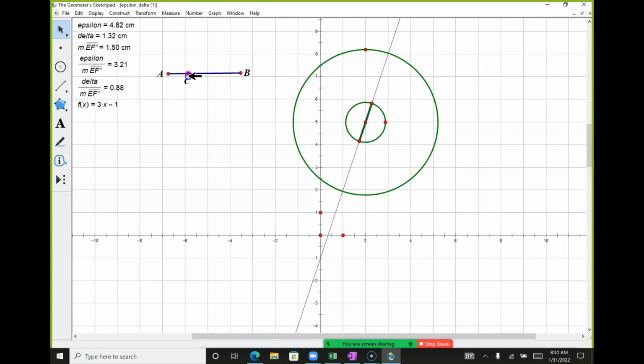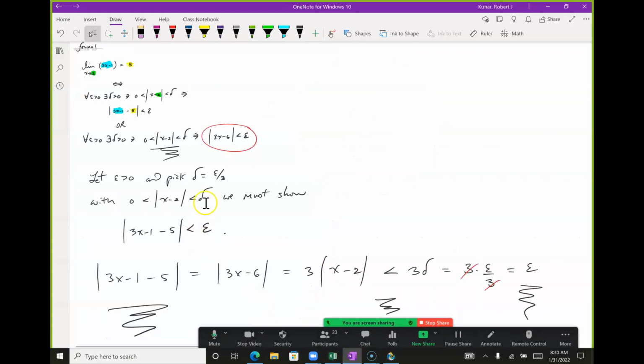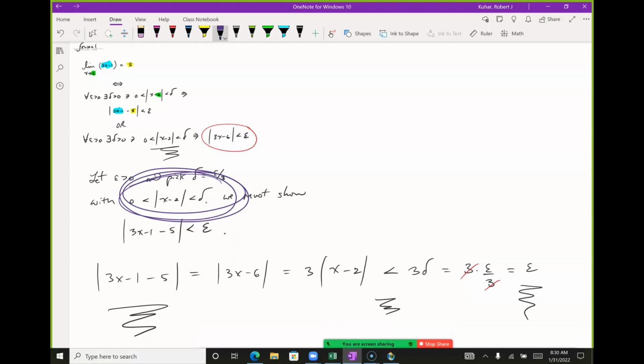So I'm just estimating right here. I've got about a third of the radius of the big circle for the smaller circle. And then what did I say next? I said make sure that the x's I pick are within the radius of the bullseye.